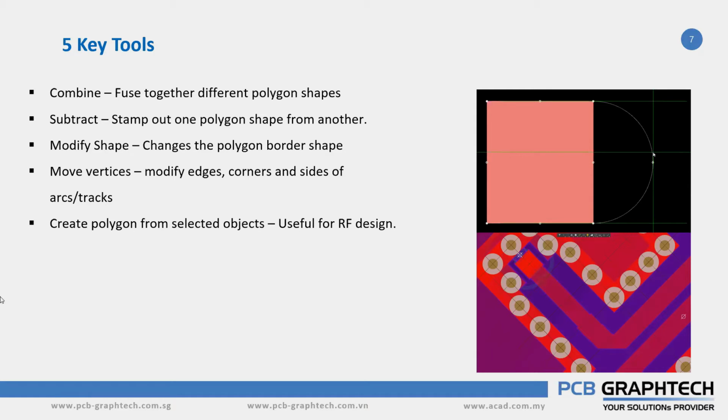Finally, you can also create your polygon from the selected objects. This you can do mainly for RF design and high frequency circuits, mainly to reduce your reflections, crosstalk or electromagnetic interference issues.